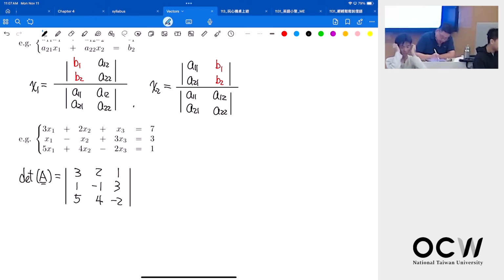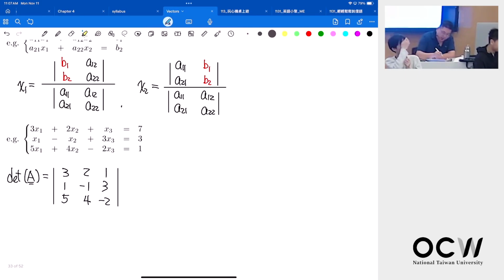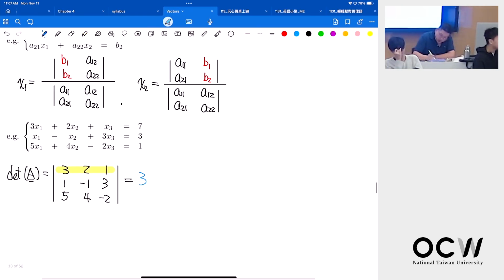Alright, let's find the determinant again. We can choose the first row: 3 times the corresponding minor determinant, minus 1, 4, 3, minus 2. Minus 2.